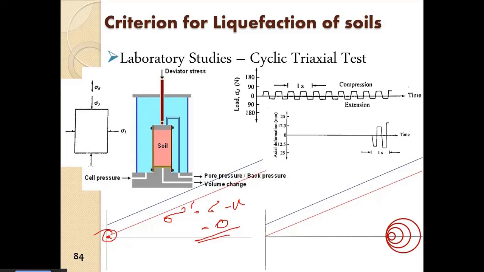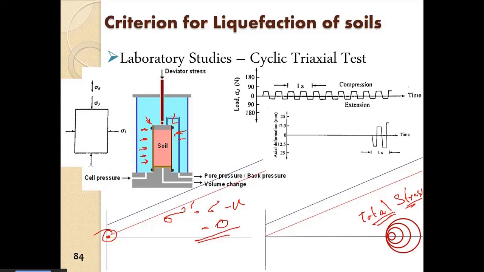So it is here at this point. Effective confinement is 0. But the total confinement and the total deviatoric stress, the Mohr circle total stress condition, will remain the same here, because that is what is applied.